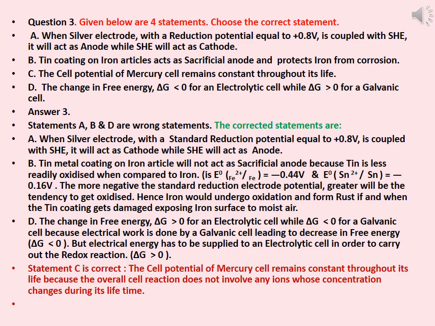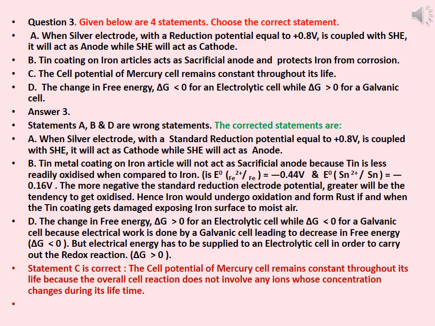Now, if you look at these 4 statements, the first statement deals with construction of a galvanic cell with silver electrode and standard hydrogen electrode. The second, tin coating, deals with protection of iron from rusting by tinning.